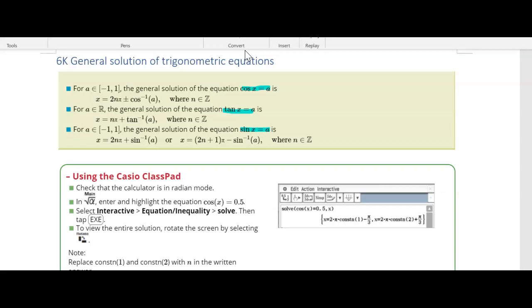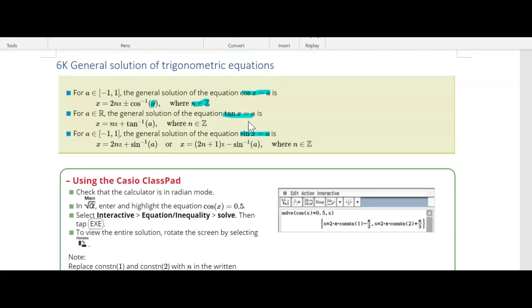So what we do is, with our general solution, as long as we can identify what a is, we just substitute that into our equation and substitute in different values of n, where n is an element of z.